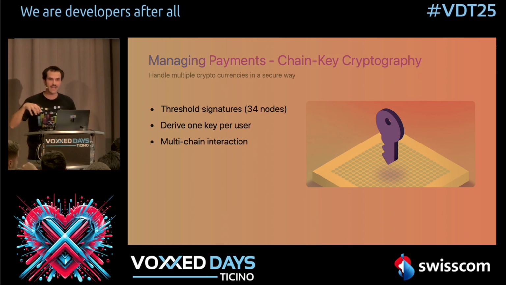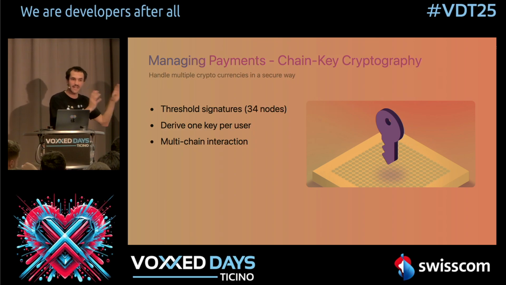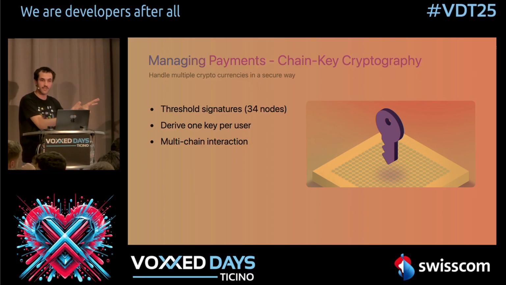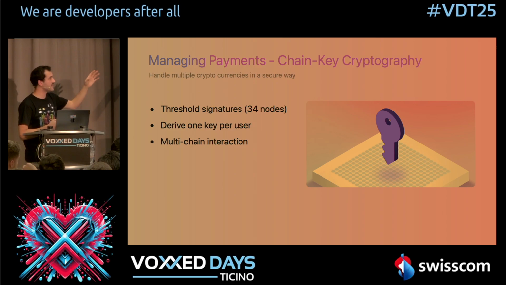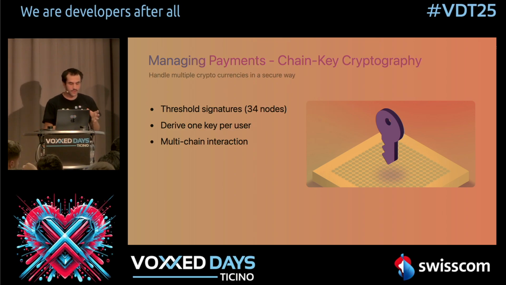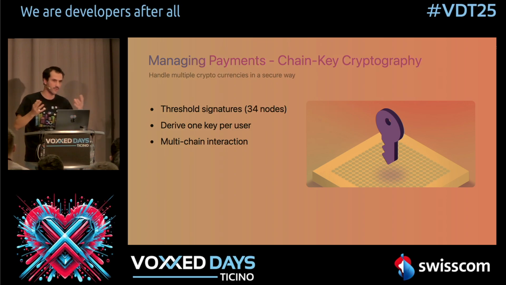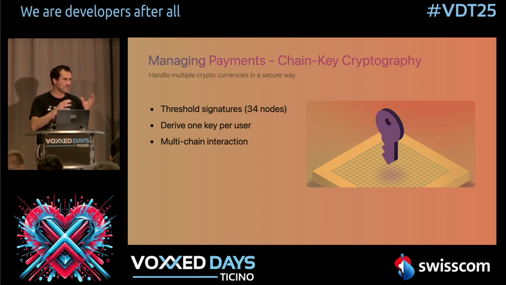But in order to do that, we would have had to either integrate a system that manages the keys and manages everything, all the security for us, or otherwise, we can use this system to use threshold signatures among 34 nodes, so also for security purposes, in order to manage the signatures of the transactions.